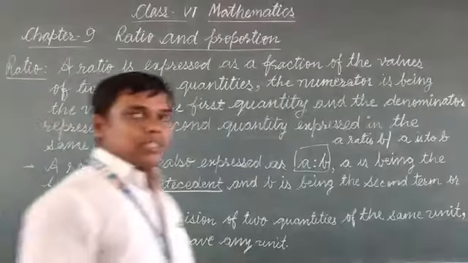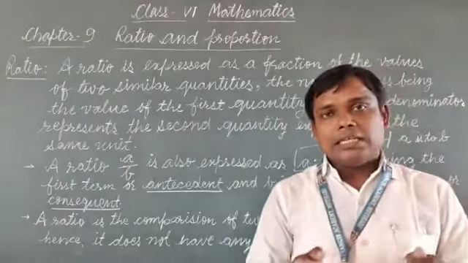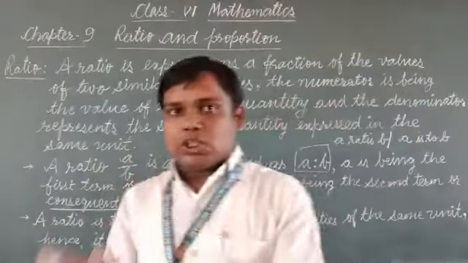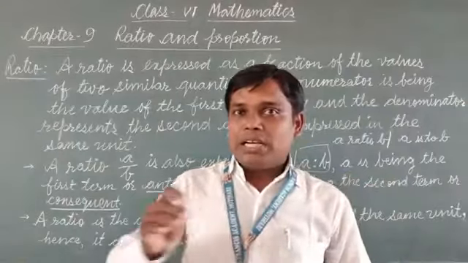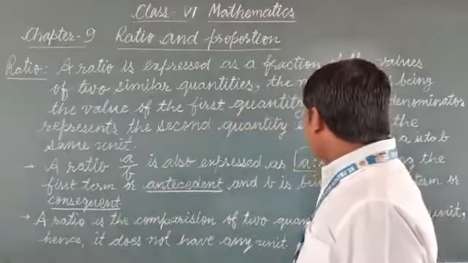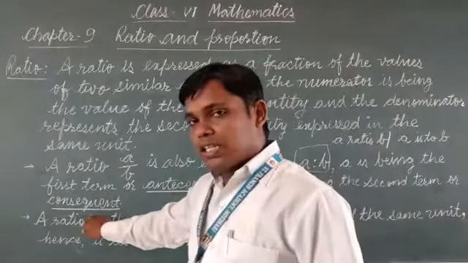If a ratio is given and it asks you to write the antecedent and consequent, you can write the numerator as the antecedent and the denominator as the consequent.